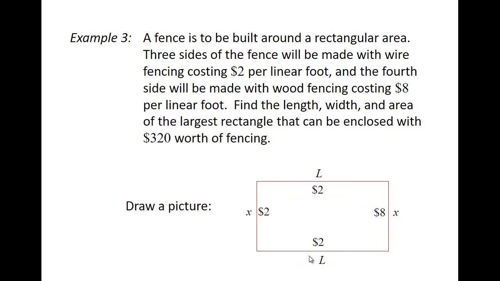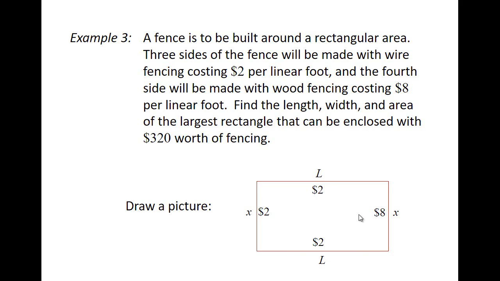The cost of this side is also $2 per linear foot, and the cost of this side is also $2 per linear foot, because that's where we are using wire fencing. On this side we are using wood fencing, so that's $8 per linear foot.